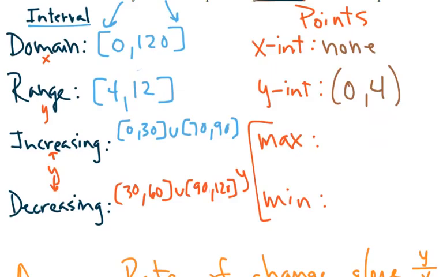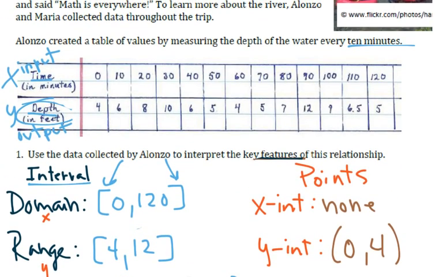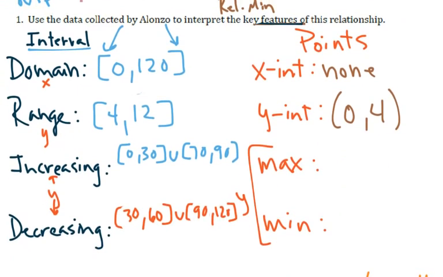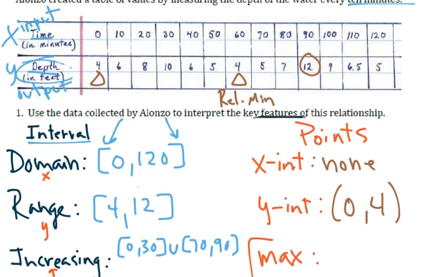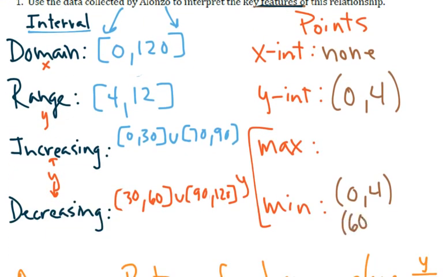Now the maximum and the minimum. So let's take a look at the y's. Where's the highest we go? 12. Where's the lowest we go? 4. So we have 2 minimums here, don't we? We could call this one a relative minimum if we wanted to, but we can have more than one minimum because they're the same. So our minimums would be the point 0, 4, our y-intercept, and then at 60 minutes and 4.